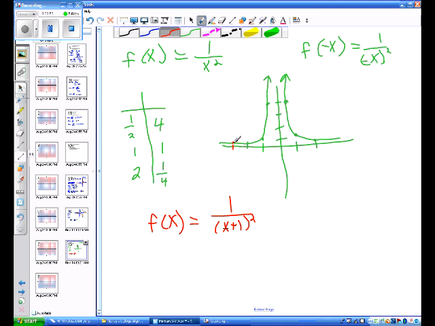So we've got this point, this one, and this one. So that graph then would be going up. Notice what it did is it changed our vertical asymptote to being at negative 1.